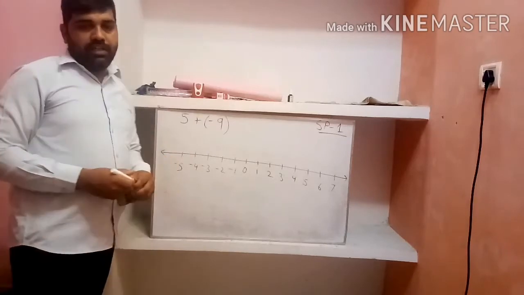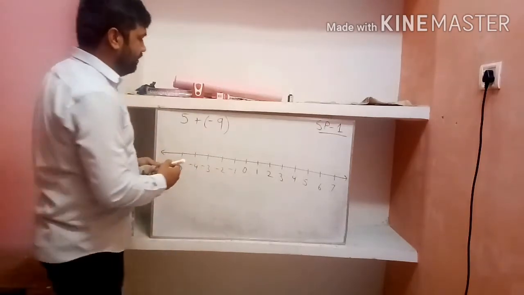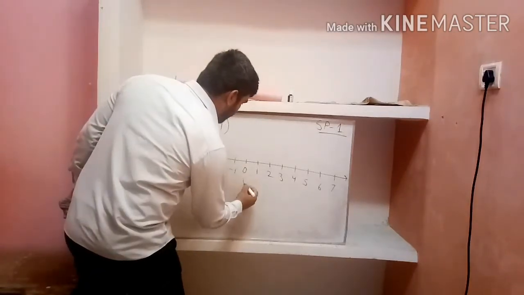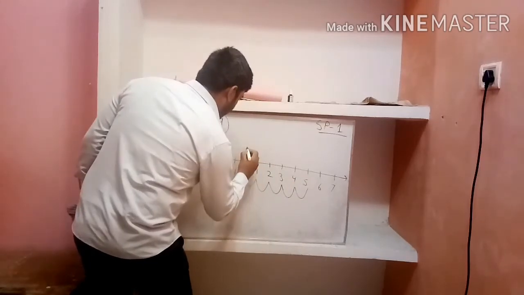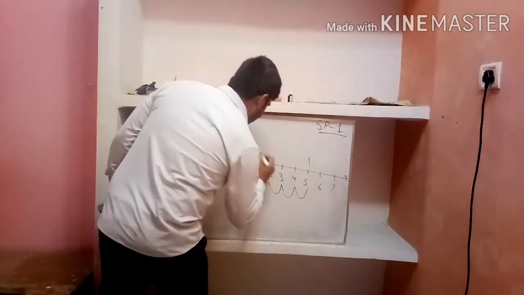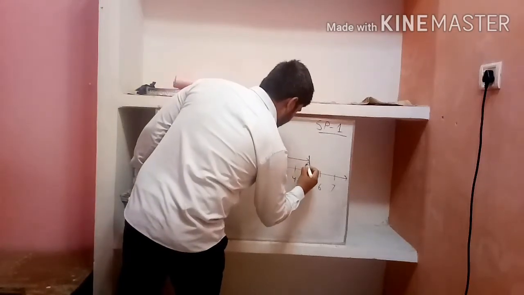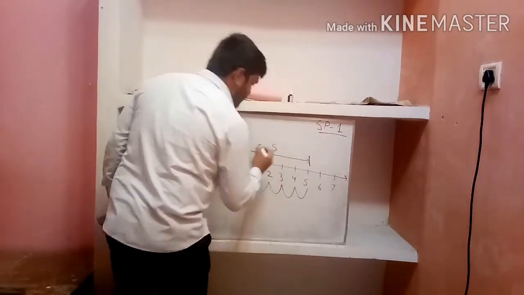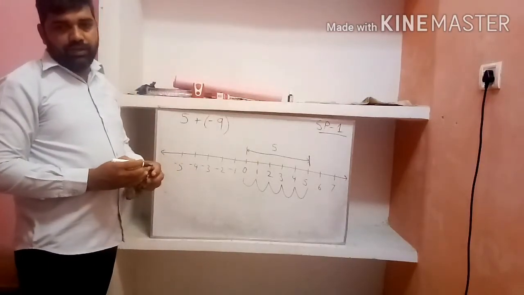So 5 means start at 0, start from 0 plus 5. Move 5 units to the right. 1, 2, 3, 4, 5. So here we got the plus 5.